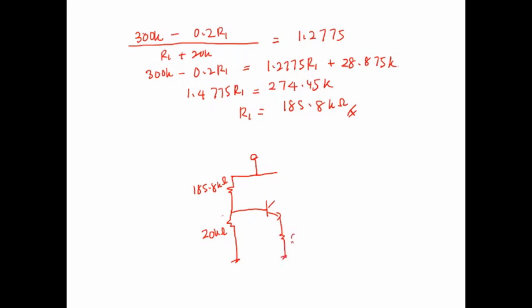RE is 0.25 kilo ohm, and RC is 2.75 kilo ohm. And then VCC is 15 volt. Okay, so this is the design, how you can design your voltage divider.